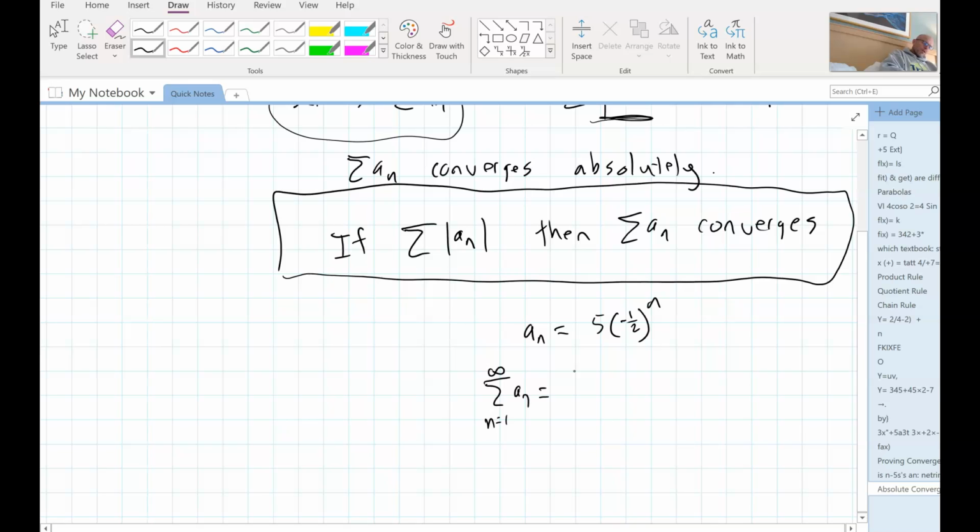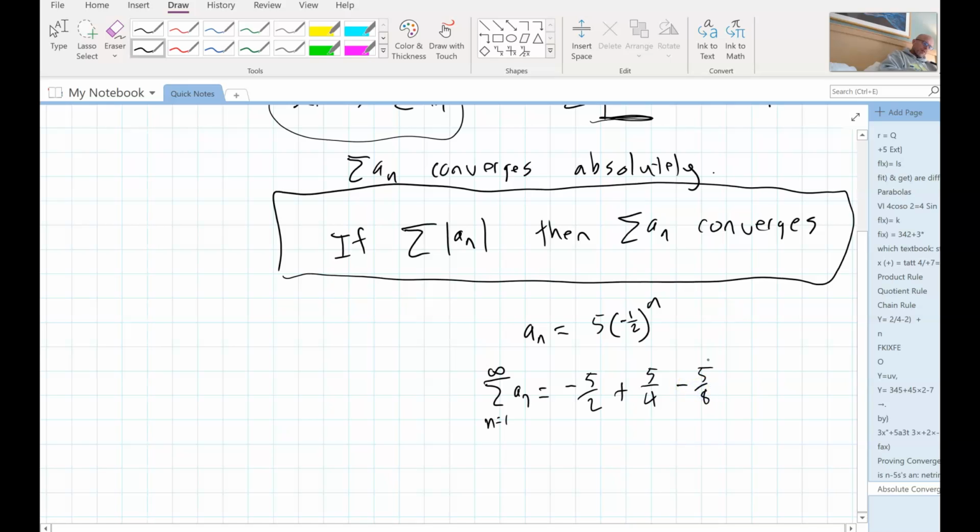If I plug a 1 in there, that would be negative 5/2. If I plug a 2 in there, that would be positive 5/4. If I plug a 3 in there, that would be negative 5/8.